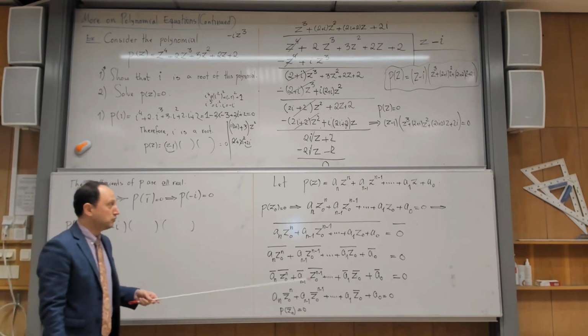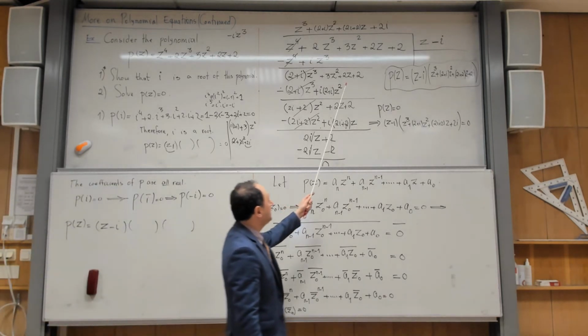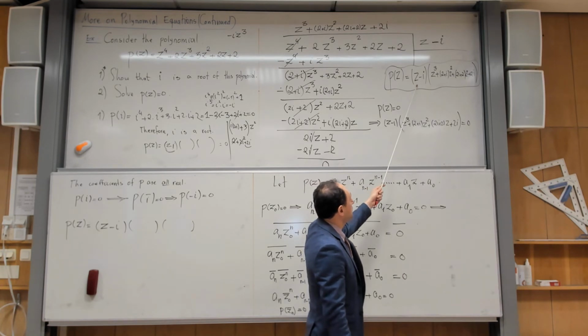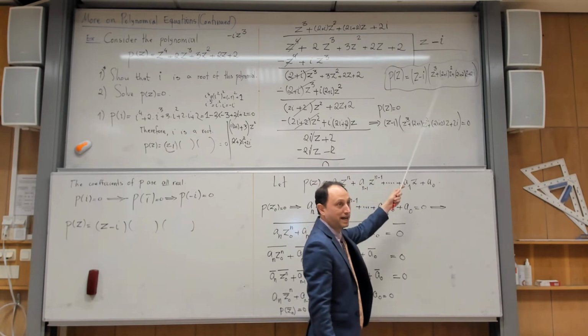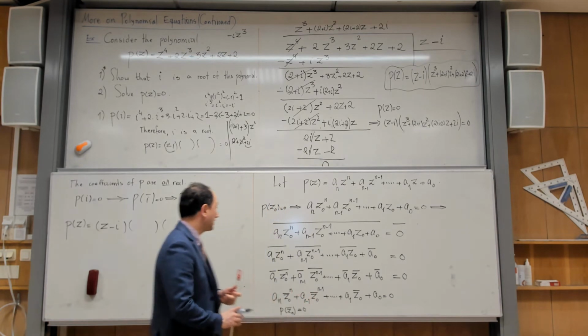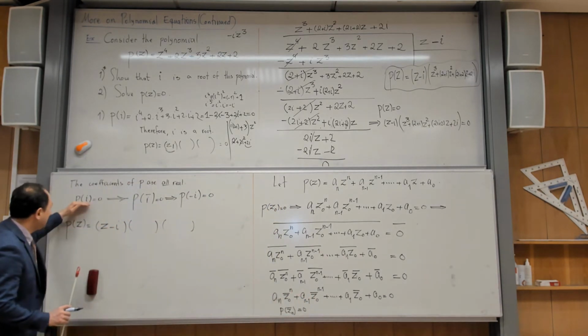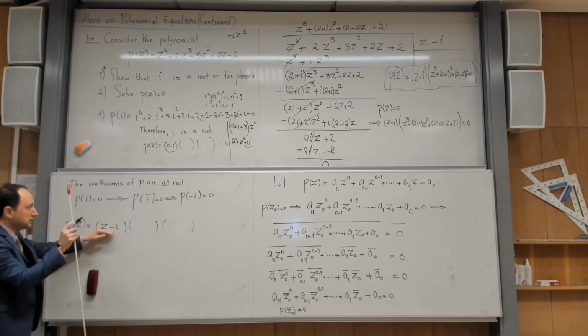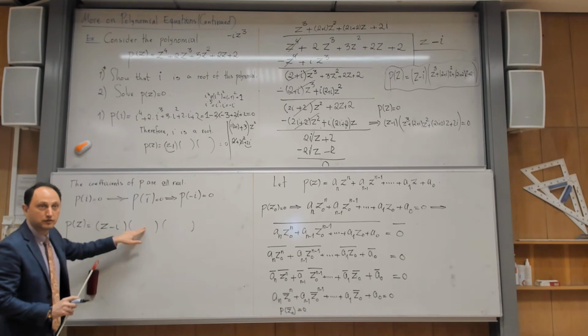This is extremely important to understand. In this way of solving, that was the only piece of information for me. I couldn't predict what is happening for the next pair of brackets. But this tells me that z minus i is somewhere there, definitely, as we had before.